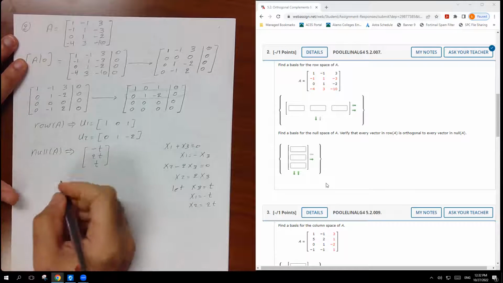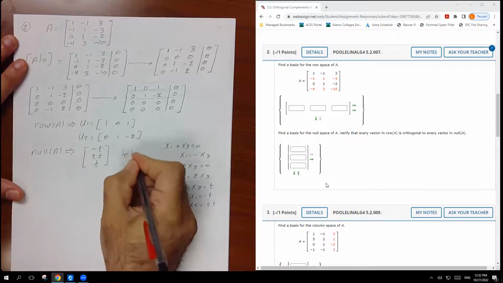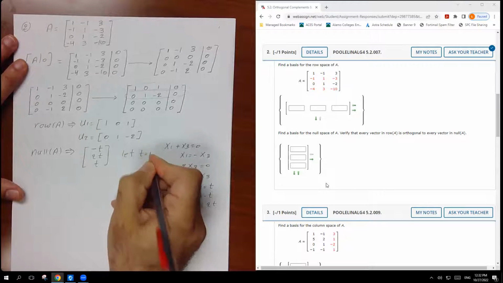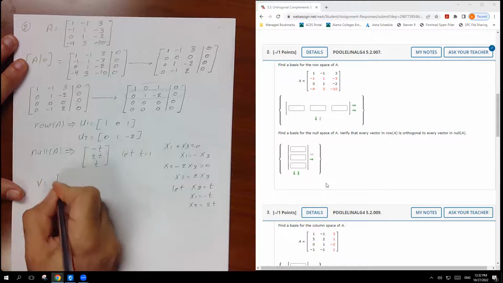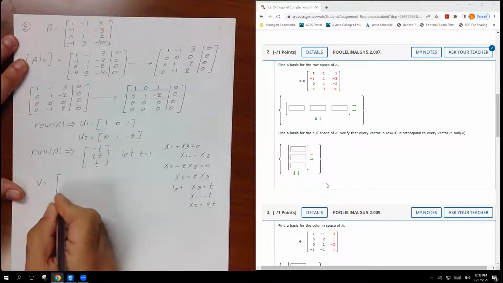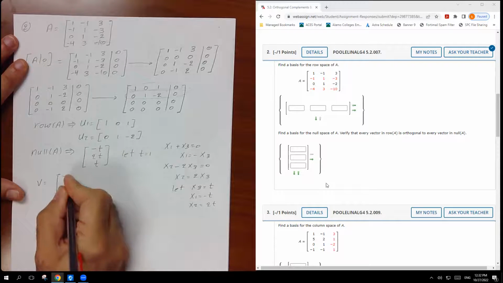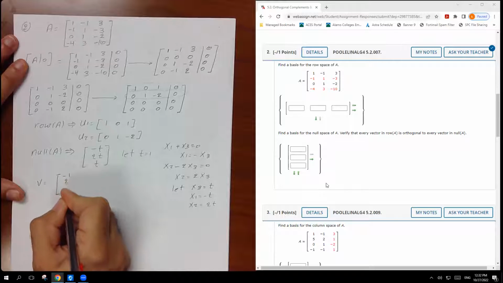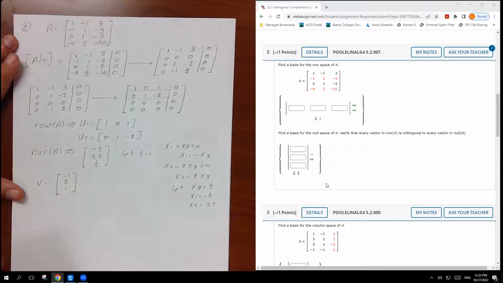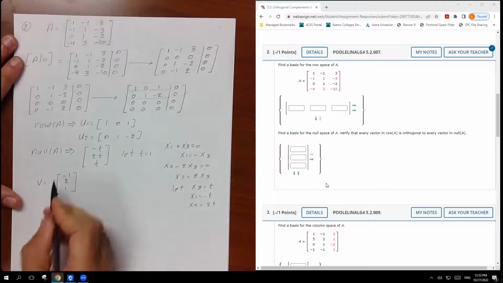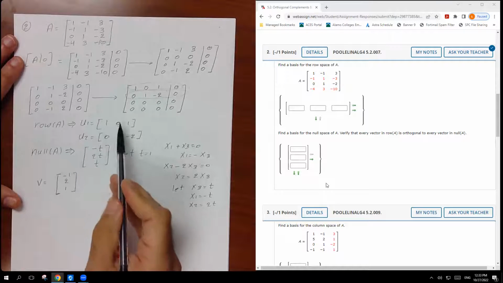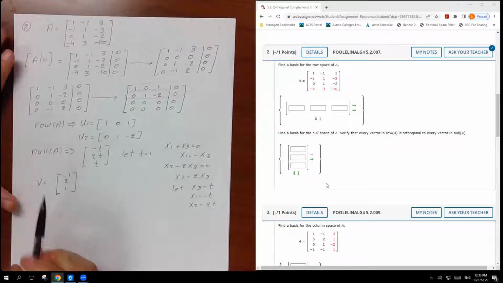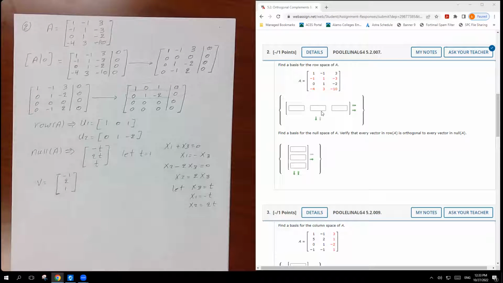For the basis of the null space of A, we're going to let t equal 1. So here is the basis. I'm going to call it V, which is -1, 2, and 1. Now this is the basis for the null space of A, and here are the 2 basis vectors for the row space of A. So we're just going to plug these in here.